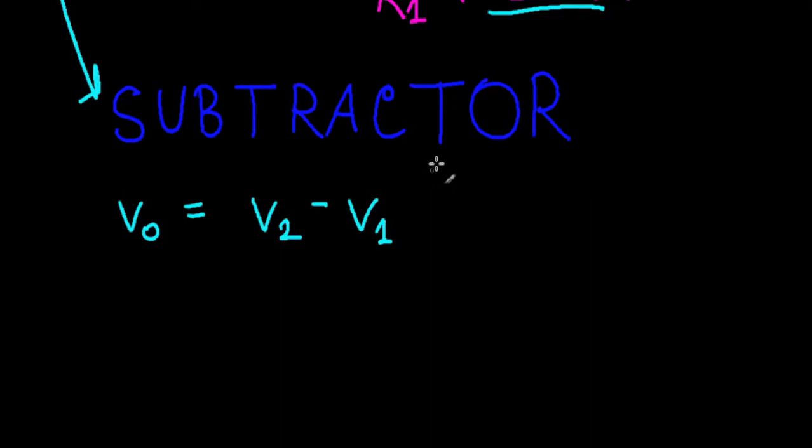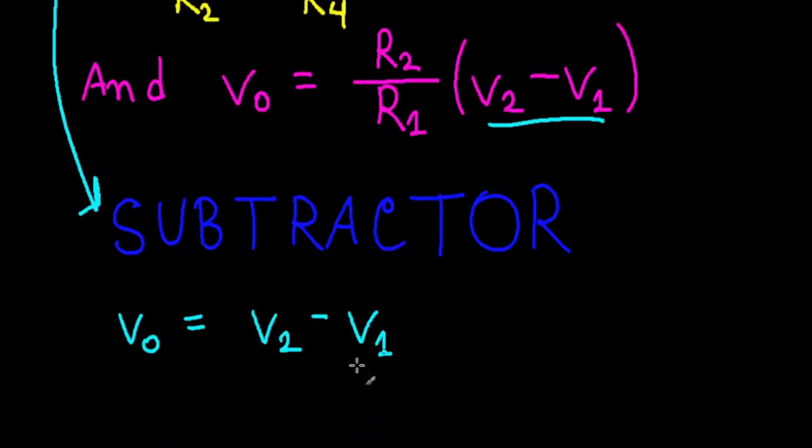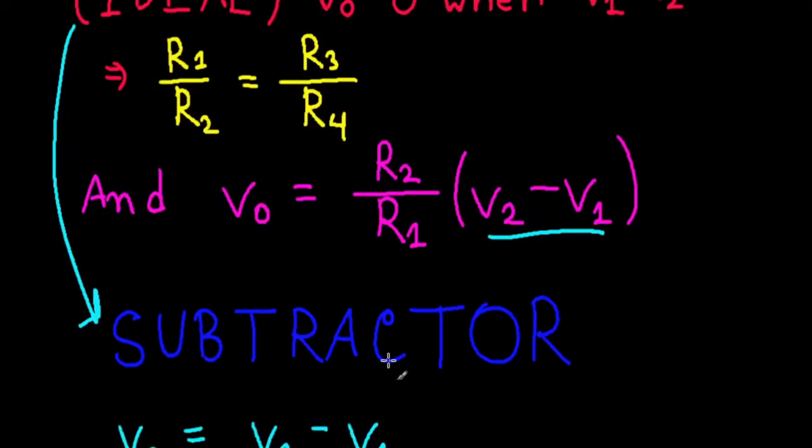I need this to be my output for this subtractor amplifier, and I think you can see why it is called a subtractor. All it does is subtract, but I'll talk more about that later.